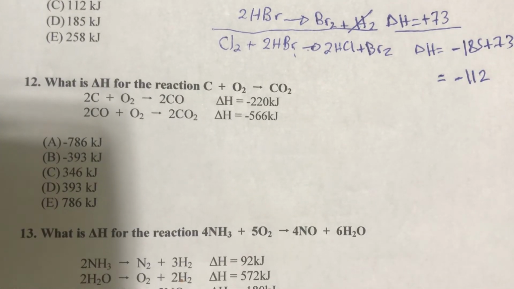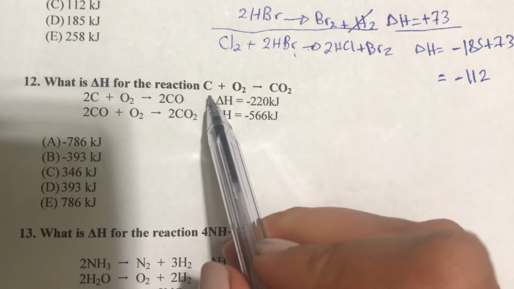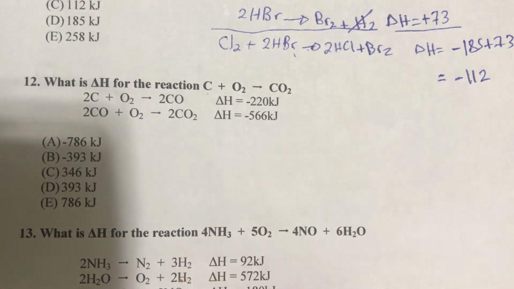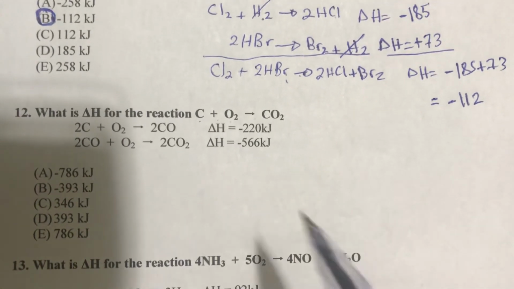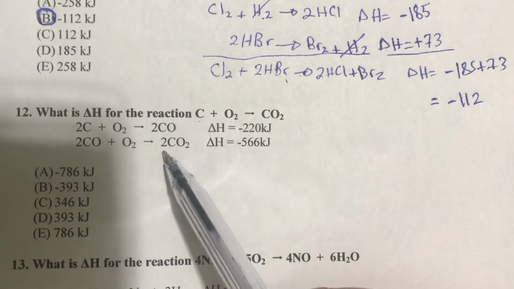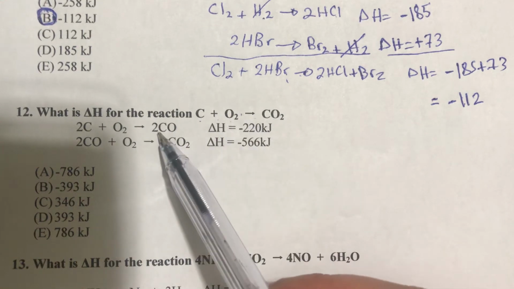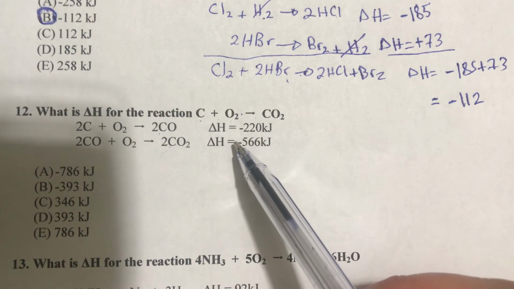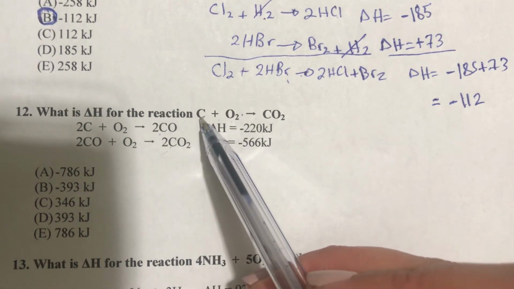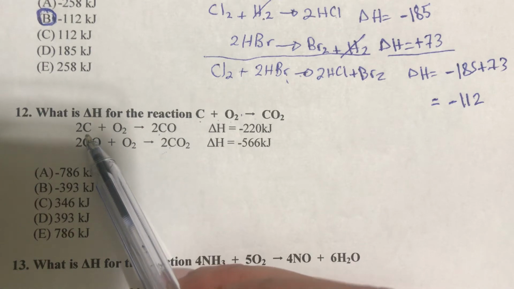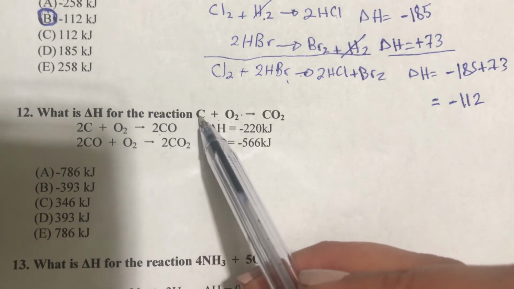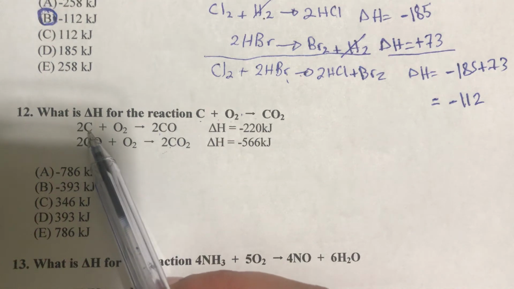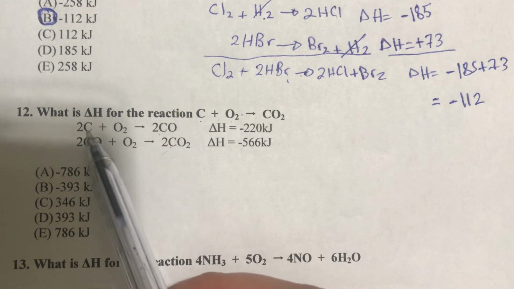Question 12. What is delta H for the reaction carbon plus oxygen, carbon dioxide? The same idea. You have to rearrange these reactions to get this reaction, and any change of these reactions, delta H changed. So here carbon is in the reactant, and here carbon in the reactant. But here you have 1 mole of carbon and in this reaction you have 2 mole of carbon. So the first step, you have to divide this reaction by 2.